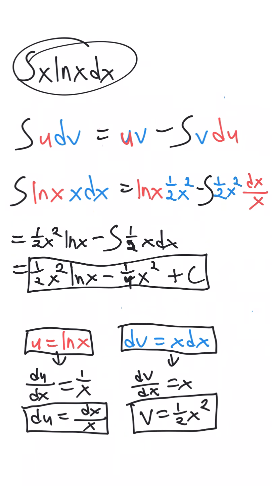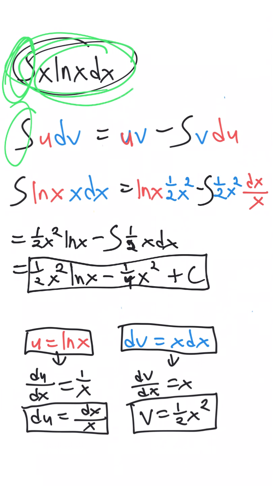All right, so this is how you do integration by parts. You are given an indefinite integral. You can't solve it by shortcut rules. You can't solve it by u-substitution. You have to use integration by parts. The integral sign is the integral sign, but the rest of it you have to assign.